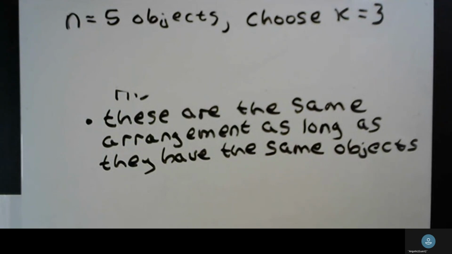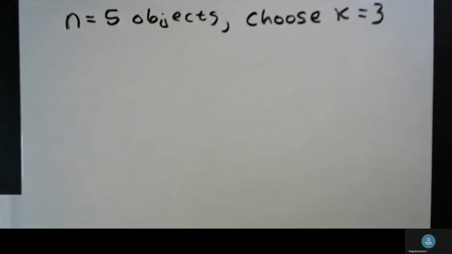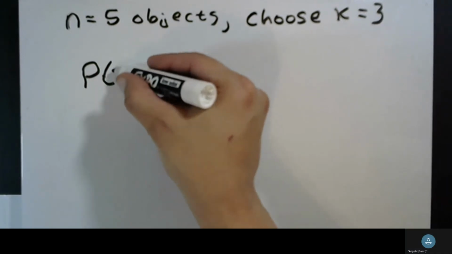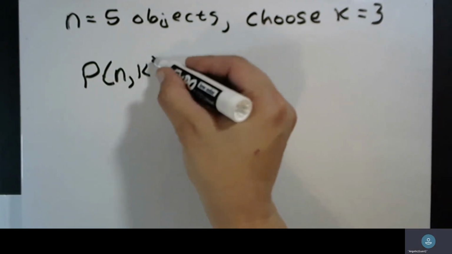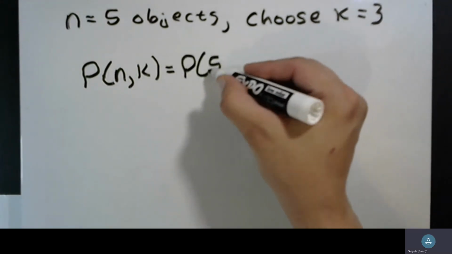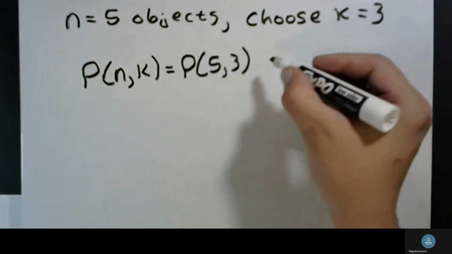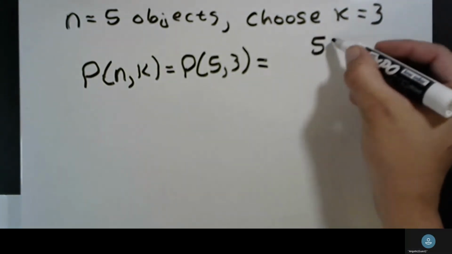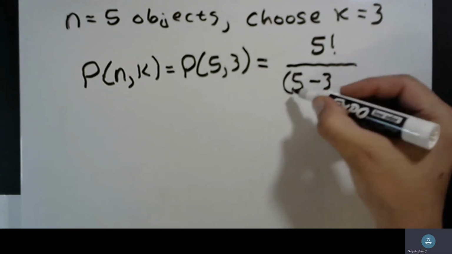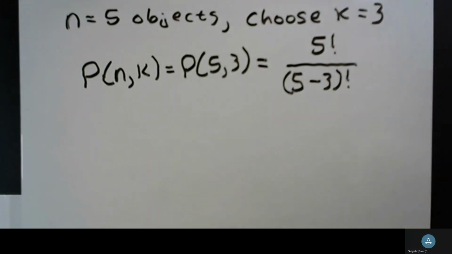So we're going to count permutations to start. So for permutations, and this is when order does matter, we'll get 5 factorial over 5 minus 3 factorial. So that's the number of permutations.